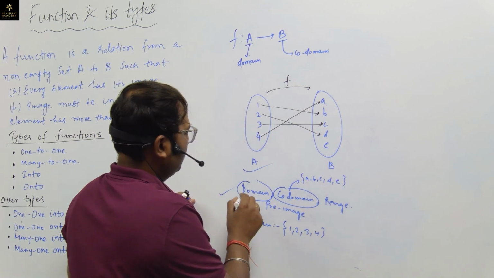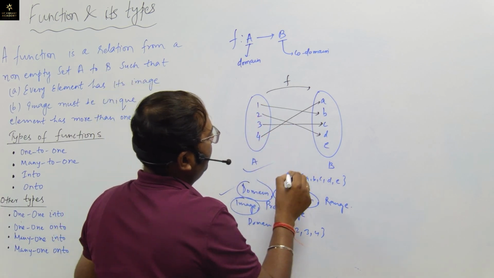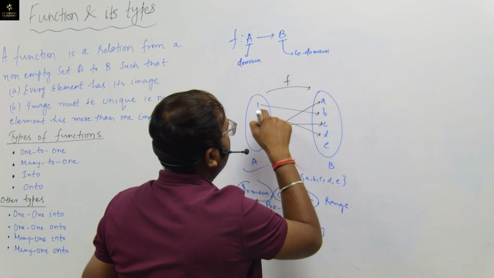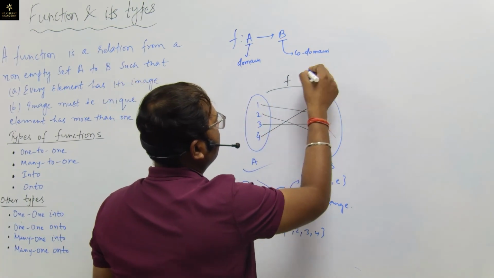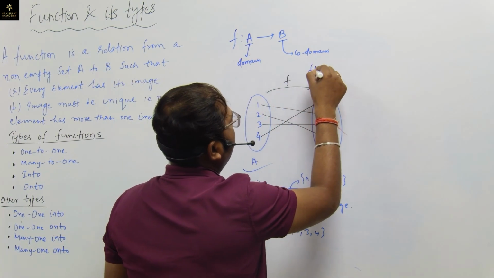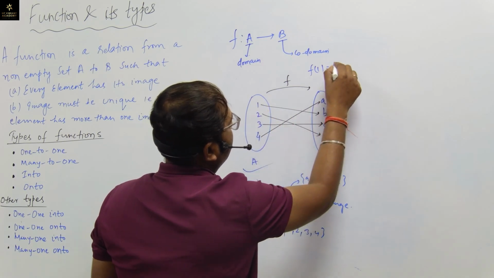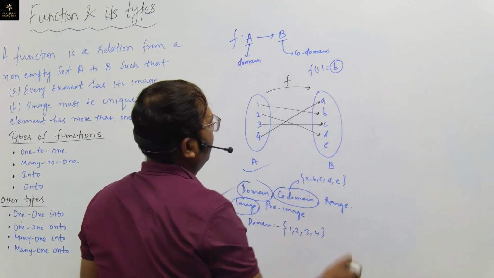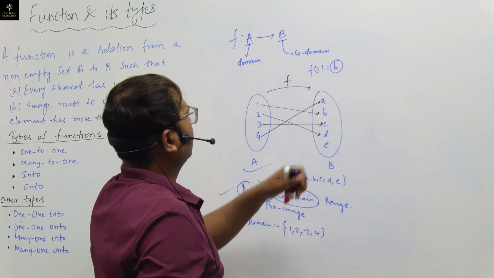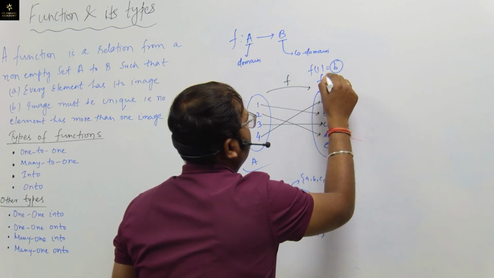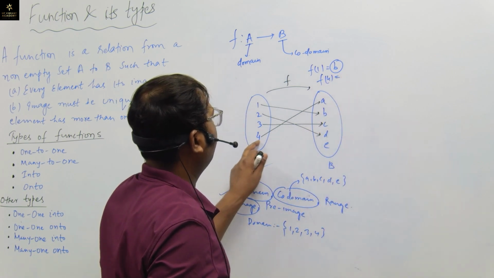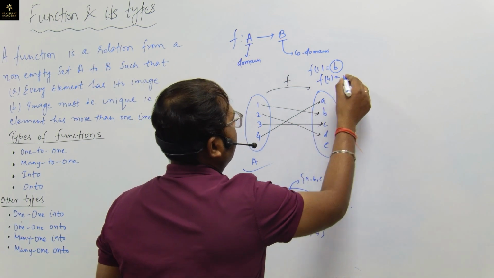So what is image? What is the image of element 1? Let us apply this function on 1, f of 1. So f of 1 is b. So b is the image of 1. Now what is the image of 4? f of 4, let us apply the function on element 4. f of 4 is a.